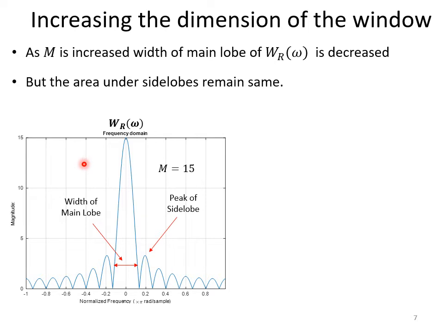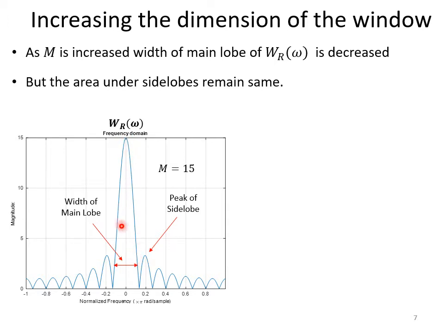So this figure shows the magnitude of the Fourier transform of the rectangular window function, right? On the x-axis we have normalized frequency, and we have magnitude on the y-axis, and you can see that we have a sinc type of graph.